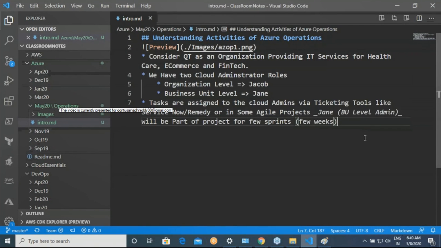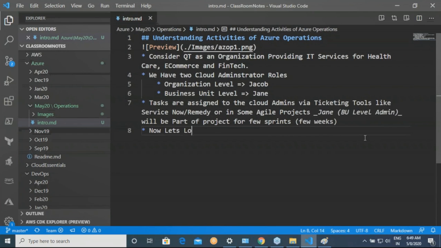Right. So now let's look at the roles and responsibilities at the organization level.